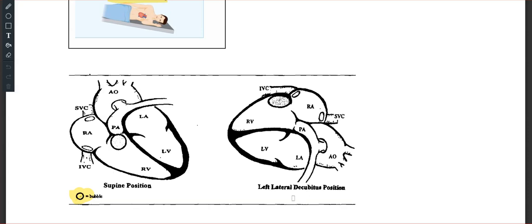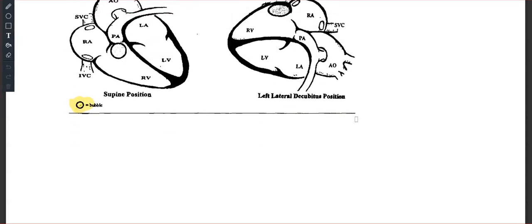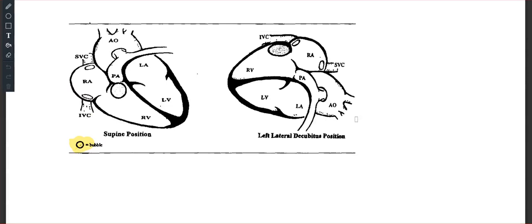In left lateral position, what happens? This bubble is displaced, right? It goes into the right atrium. So from the right atrium, it gets blocked here. So ultimately the damage would be lessened, and then you just inform the primary care health provider that yes, air emboli has occurred. So this is all you needed to know about therapeutic positioning from the NCLEX or competitive point of view.